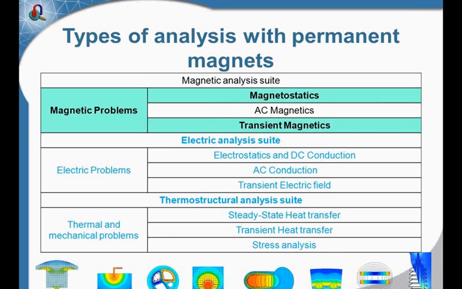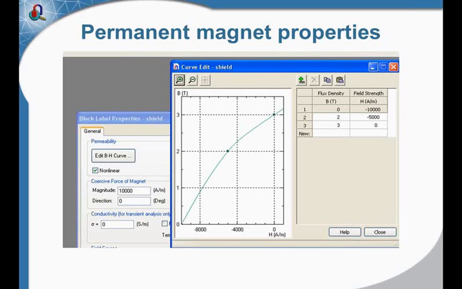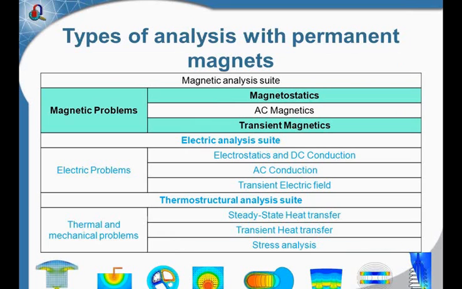But in magnetostatics or transient magnetics, you may specify magnets using block properties or, as will be shown later in Sergei's presentation, you may specify it by boundary conditions in some cases. But generally speaking, there are two problem formulations in QuickField, magnetostatics and transient magnetics, which allow permanent magnets.